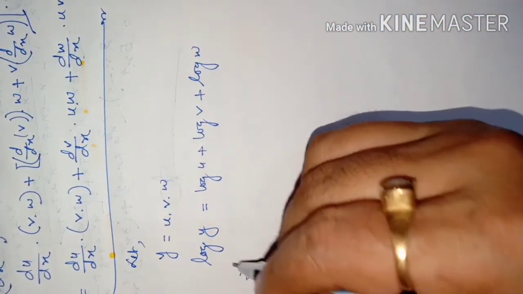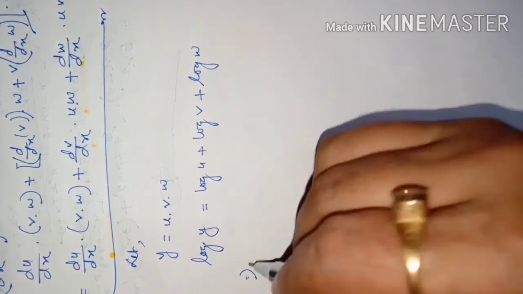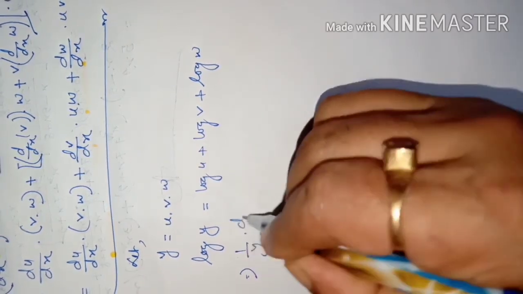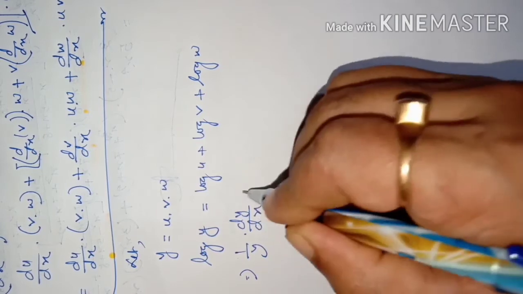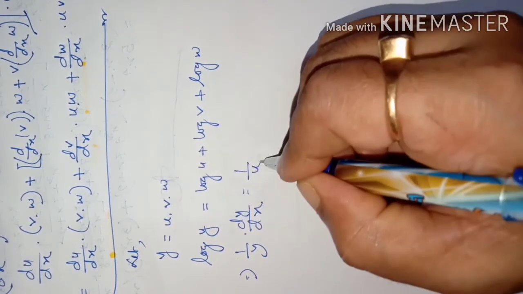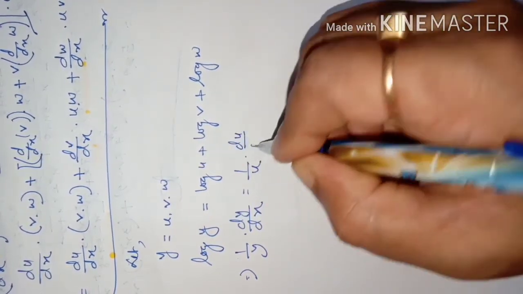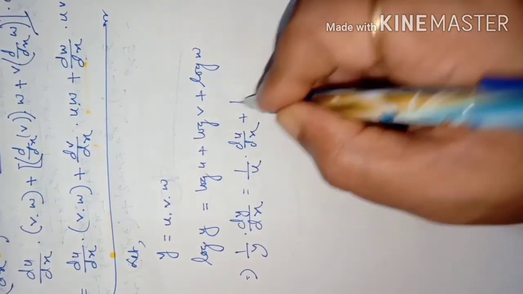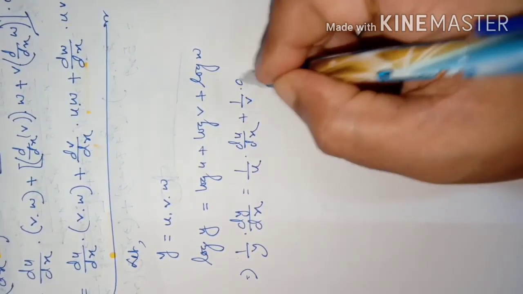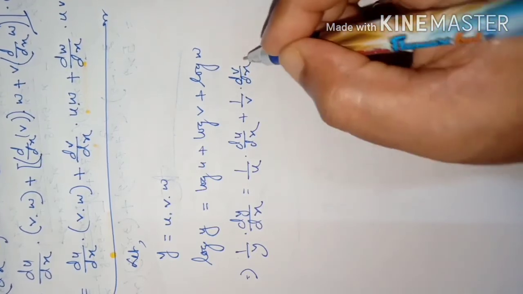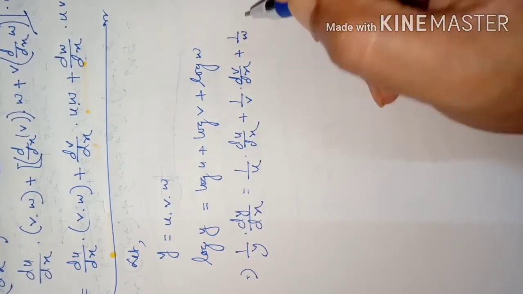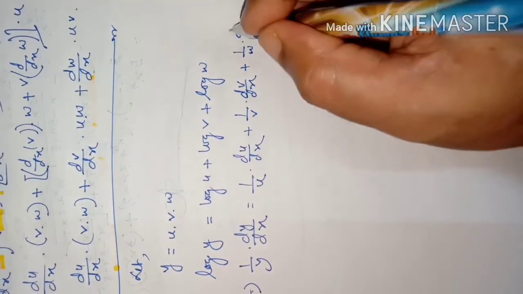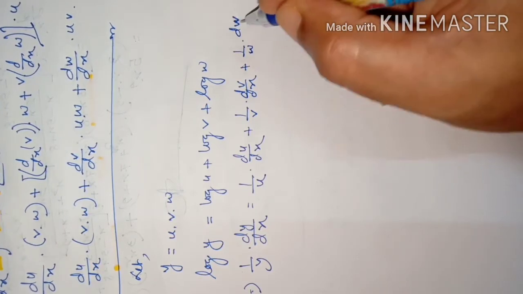Now again take the derivative of both sides: 1 by y into dy by dx is equal to 1 by u into du by dx plus 1 by v into dv by dx plus 1 by w into dw by dx.